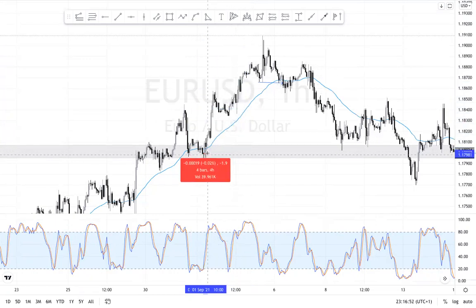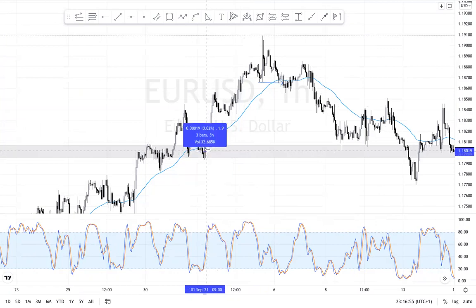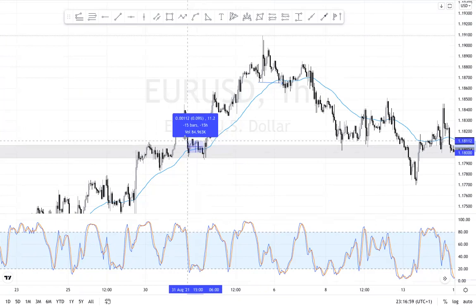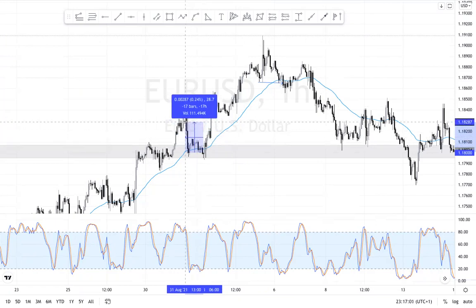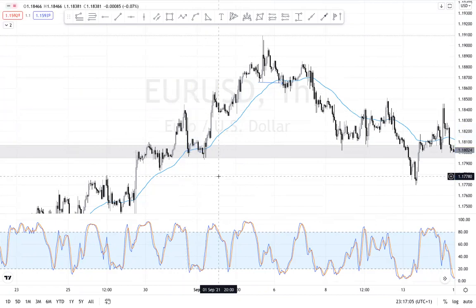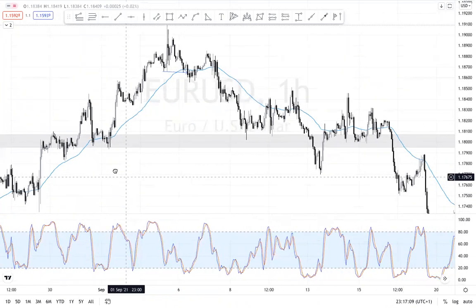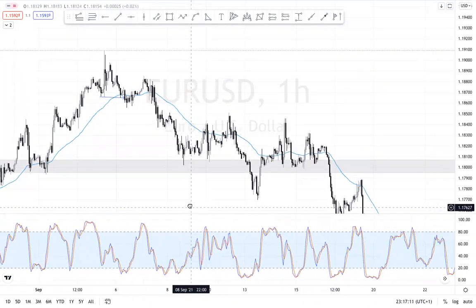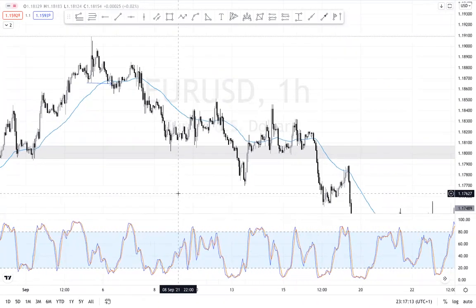But from overbought to oversold and back to overbought, it was just slightly 40 pips. So you don't really want to go against the trend. Very important.